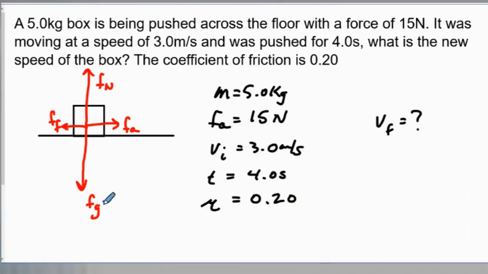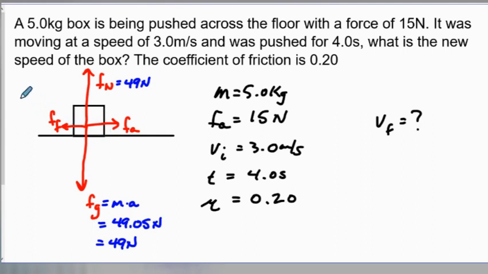My force of gravity is the mass of the object times the acceleration due to gravity. And so that is our mass of 5 kilograms times 9.81 meters per second squared. So that will give us an answer of 49.05 newtons. I'll write that as 49 newtons. That'll tell me that my normal force is also 49 newtons, opposite direction.